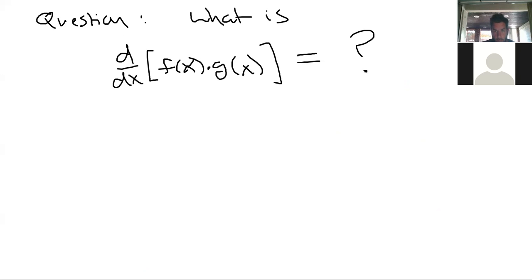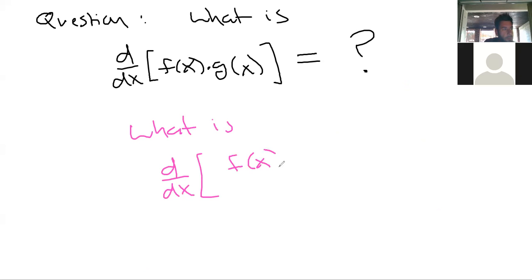Or instead of multiplying, what if I took the ratio of two expressions? Is there some sort of quote unquote simple formula for these kinds of ideas?